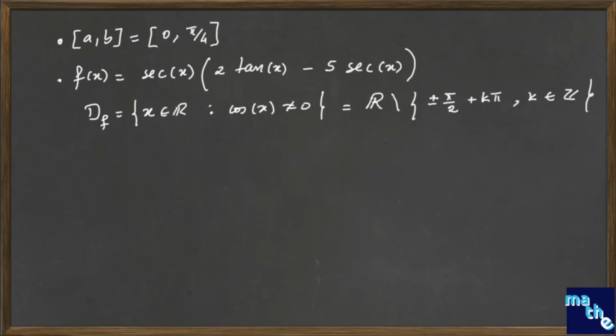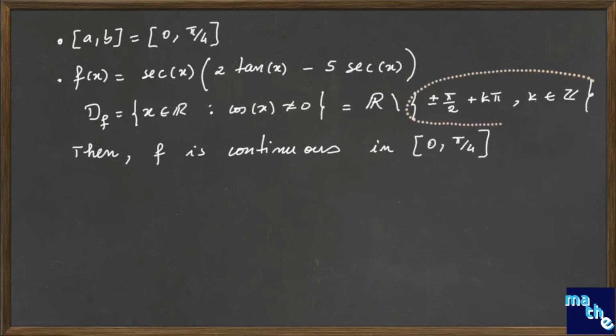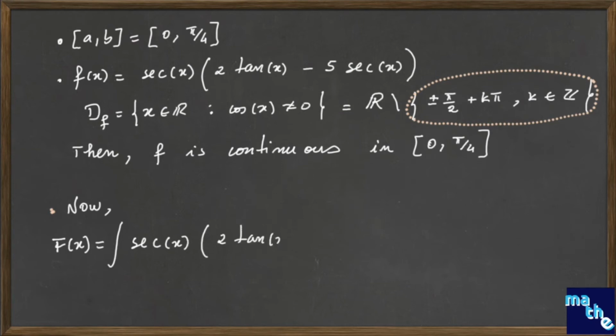This means that the interval 0 to pi by 4 is an interval where the function f is continuous, so we can state that the f function is continuous in this interval. Then, to apply the fundamental theorem of calculus, we need to know the integral of the function f, meaning that we need to have this integral.